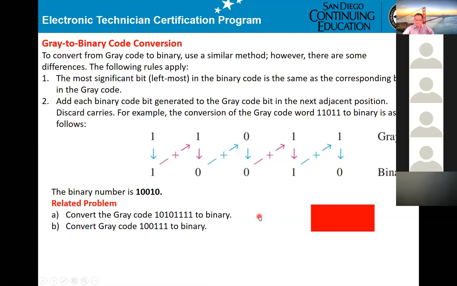Do number A, B. I think this is very, very clear. Only thing is you want to learn or you don't. 1 plus 0 is 1. 1 plus 1. Whoever gets the answer, let me know. 0 plus 0 is 0. 0 plus 1 is 1. 1 plus 1 is 0. 1, 1, 1.